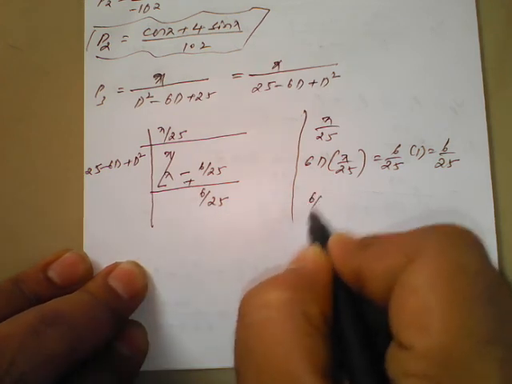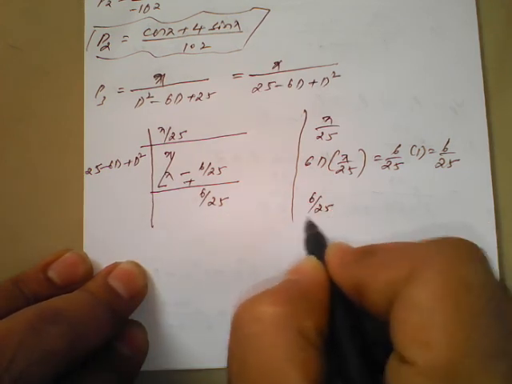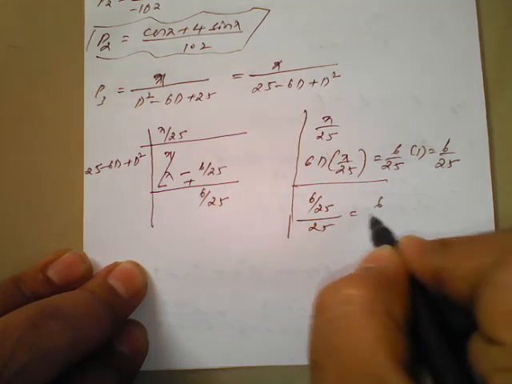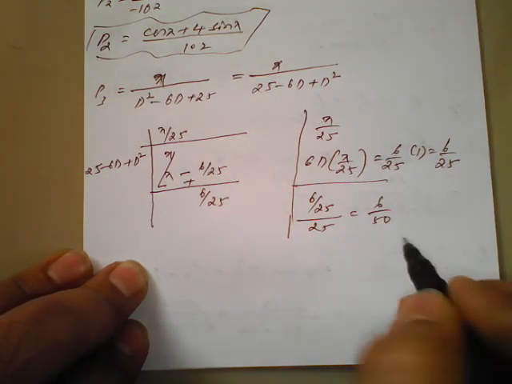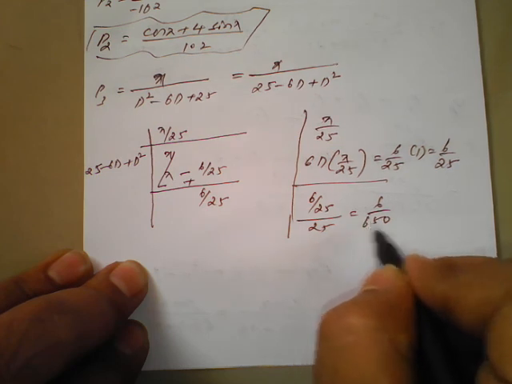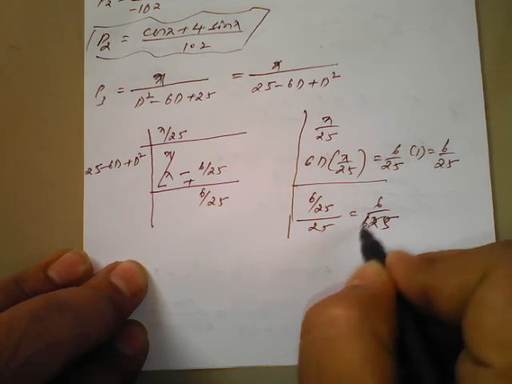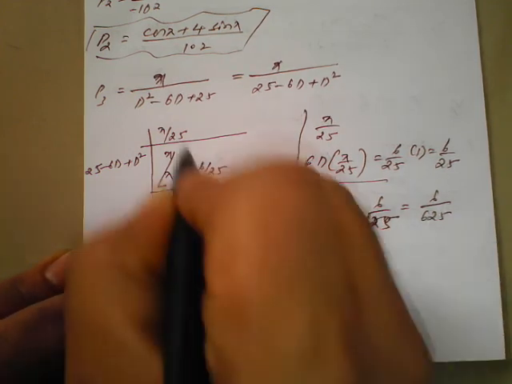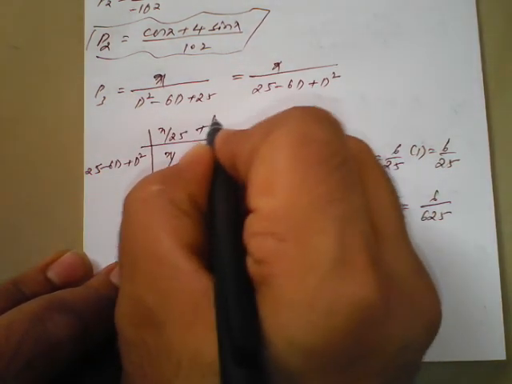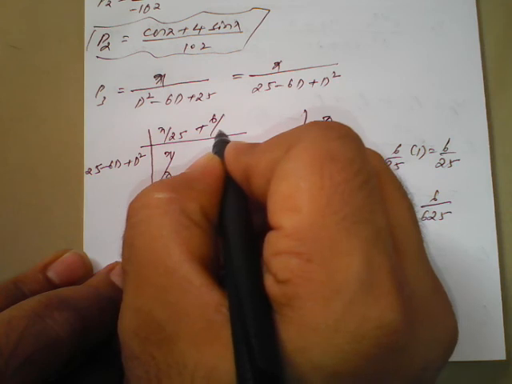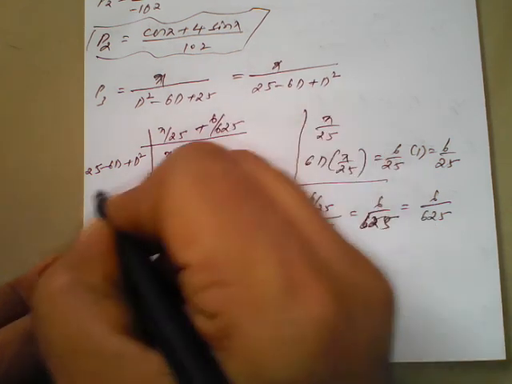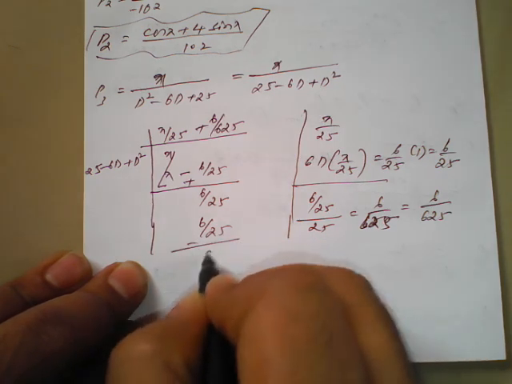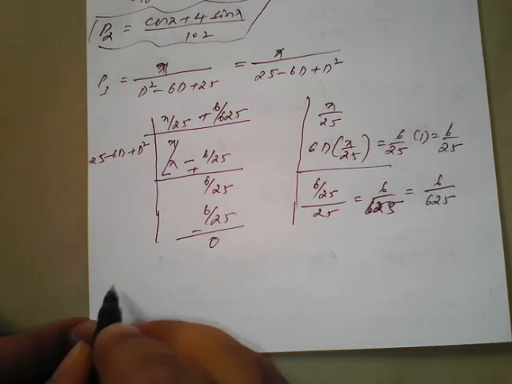So this 6 upon 25 divided by 25 is 6 upon 625. You write this in the quotient, 6 divided by 625. If you simplify, change the sign, 0.